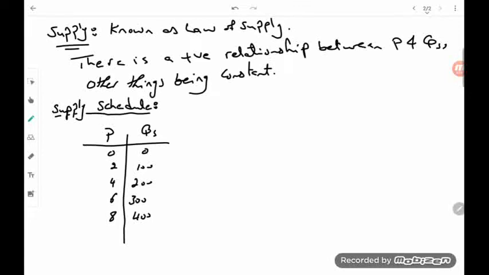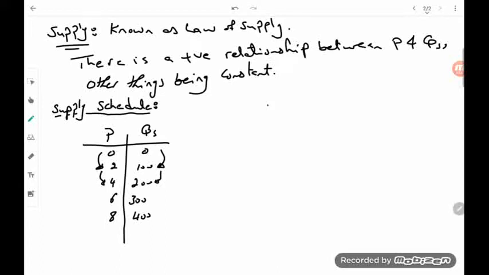From this schedule, we can find that there is a positive relationship between price and the quantity supplied. When price increases from 0 to 2, quantity supplied increases from 0 to 100. When price increases from 2 to 4, quantity supplied increases from 100 to 200, and so on.